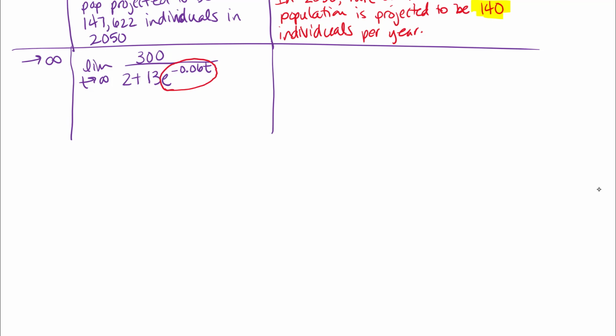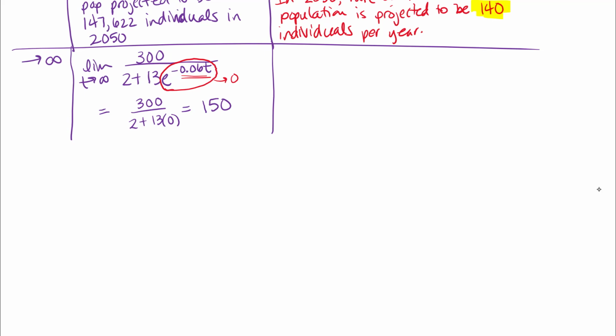I've got a negative exponent here. So the e to the negative constant times t function will approach 0 when t gets really large. And so the overall limit is going to approach 300 over 2 plus 13 times 0, or 300 over 2, or 150.